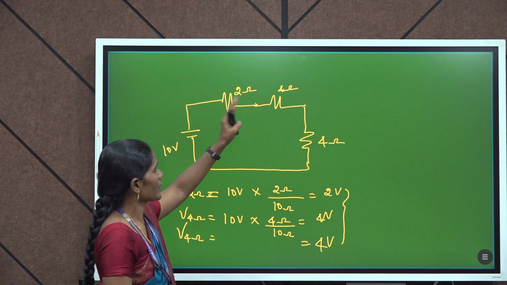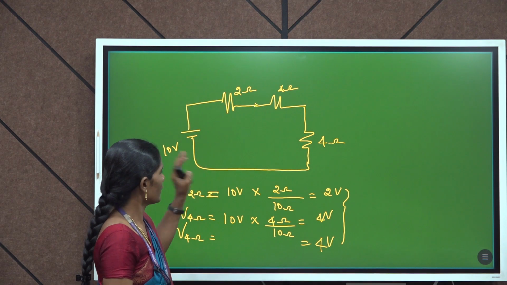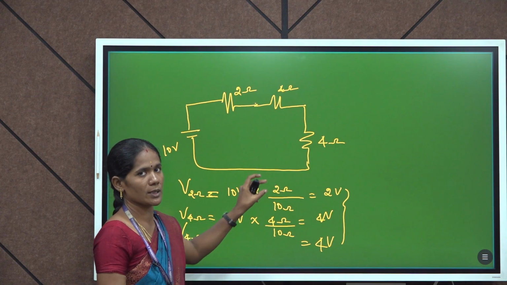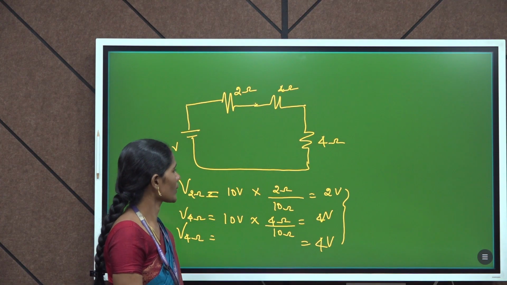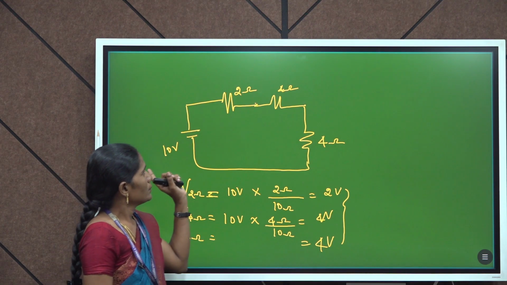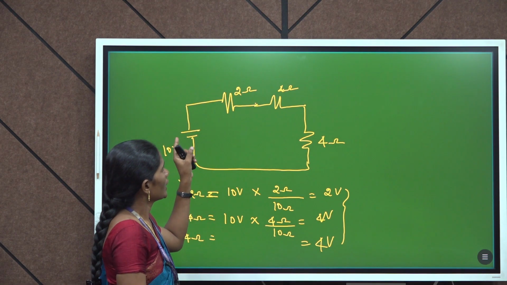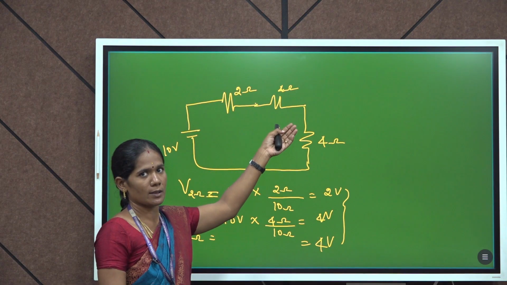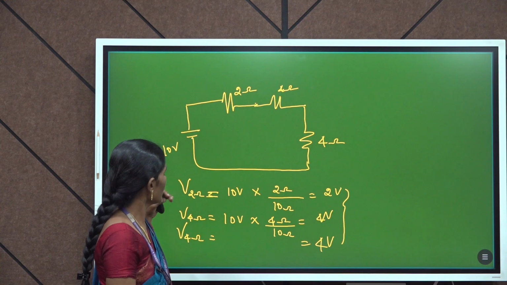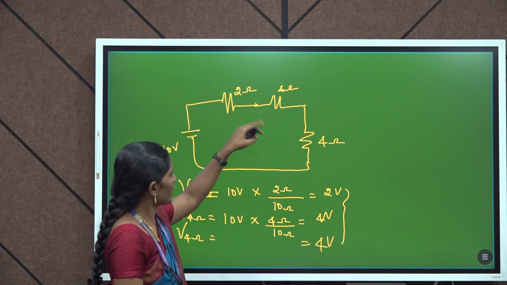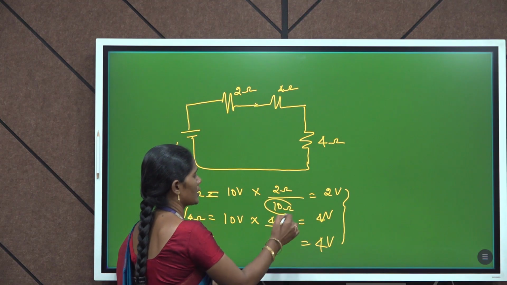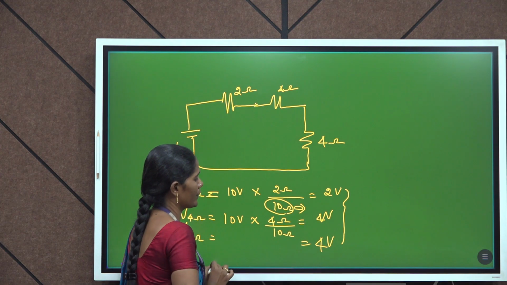The number of resistances does not disturb our basic rule: total voltage multiplied by the same resistance divided by the total resistance. The addition of resistances does not disturb the basic rule, because the addition of resistances is reflected in the total resistance itself; only the denominator varies.